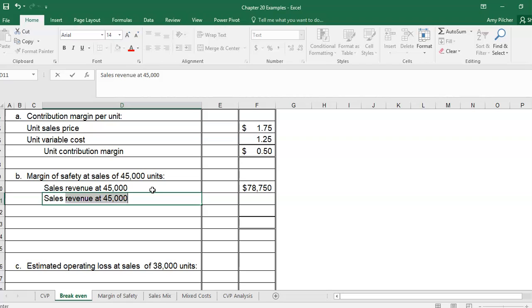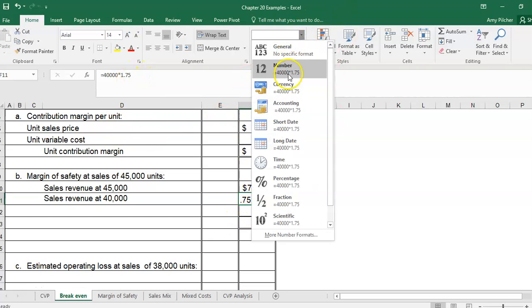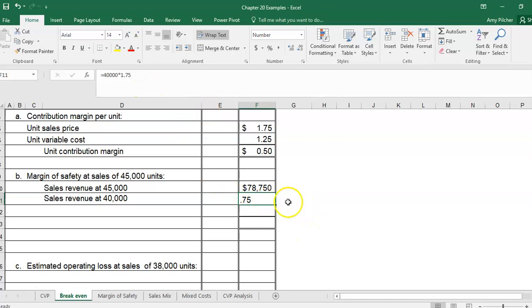And our sales revenue at break even is 40,000 units, so we would take 40,000 times $1.75 sales price, or 70,000.